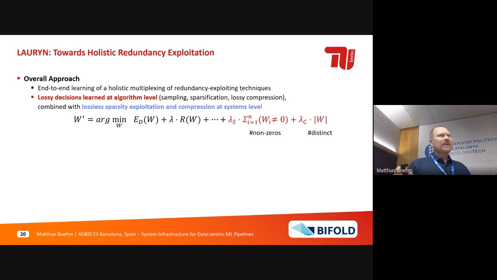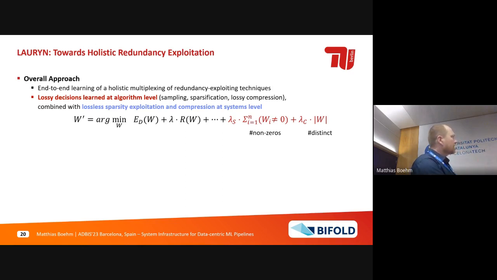Now, if you think about that, the option to completely pull the weight to zero or not is very coarse-grained. So in order to simultaneously incorporate lossy compression, what we want to do is include the number of distinct items per feature or per weight slice into the loss function as well. Instead of pulling a weight completely to zero, we say, instead of FP64, we quantize this particular weight to 8-bit or 4-bit or 3-bit, and learn this automatically.